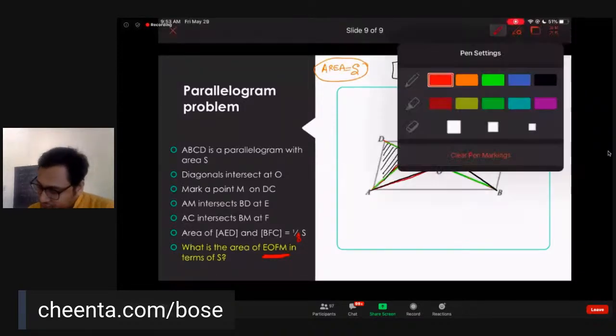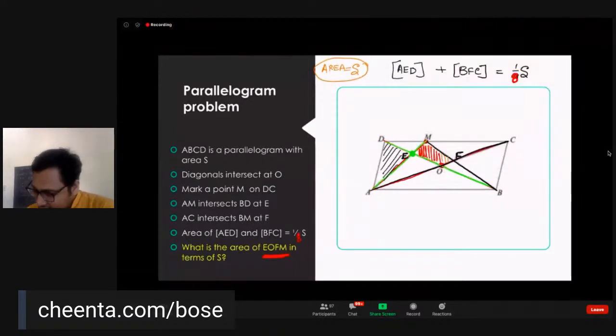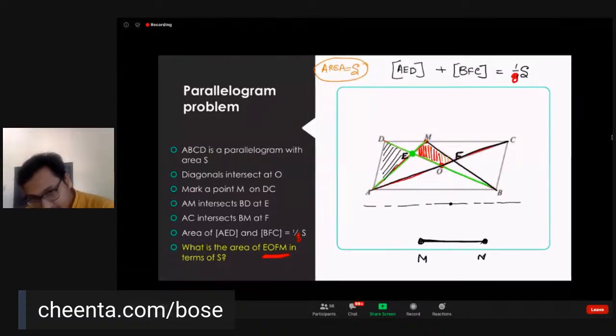What is the hint? Suppose you have a line like this. Let's call this line MN. And there is another line here, let's call this one L. L is parallel to MN, suppose.